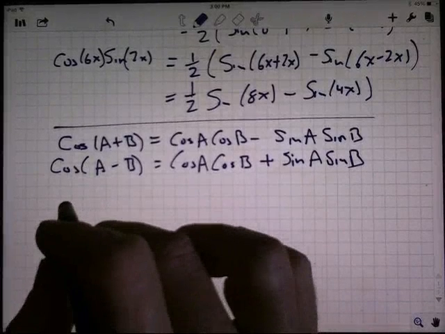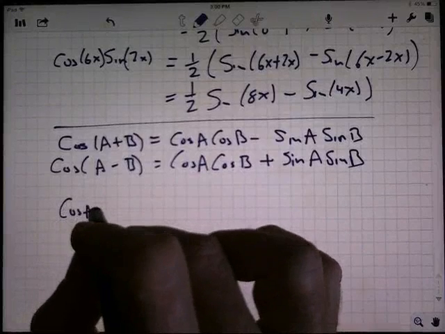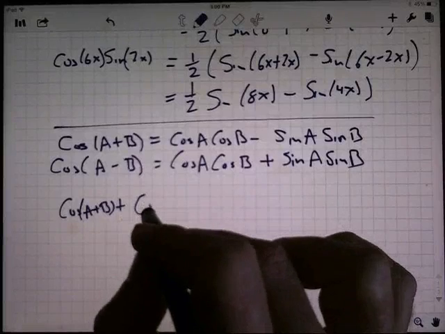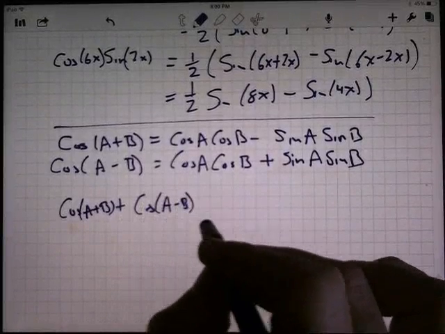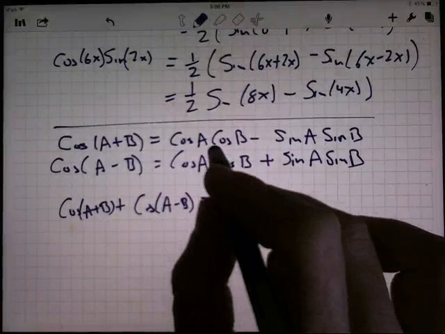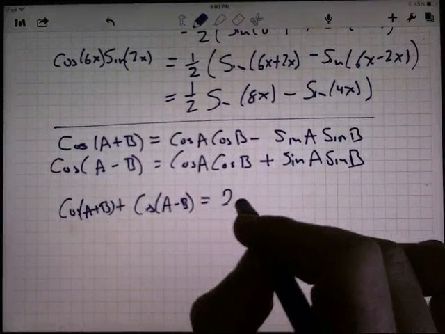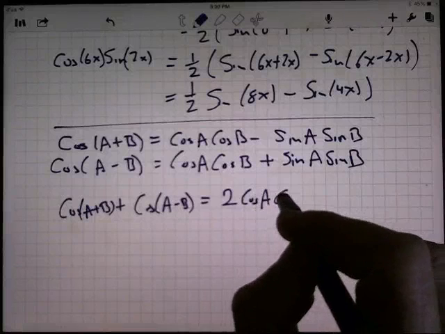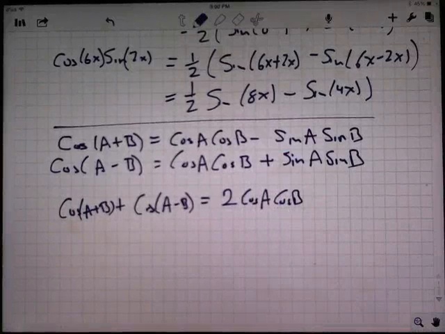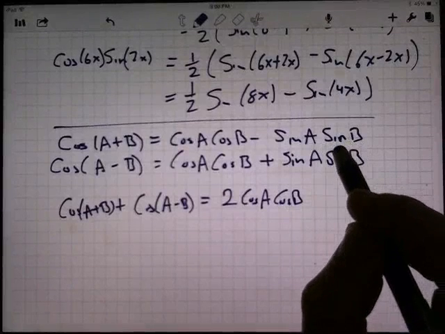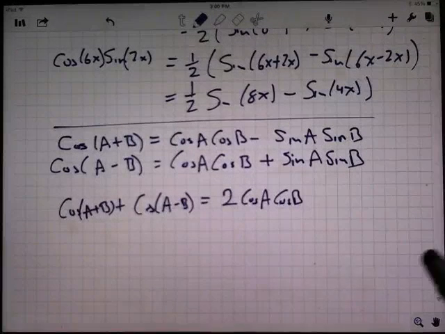So let's start by adding them. Let's look at the cosine of A plus B plus the cosine of A minus B. Well, that's equal to this plus that. Well, these two add up to give me two of those: 2 cos A, cos B. And this one, when I add those up, they go away because I got minus that and plus the same thing, so they go away.